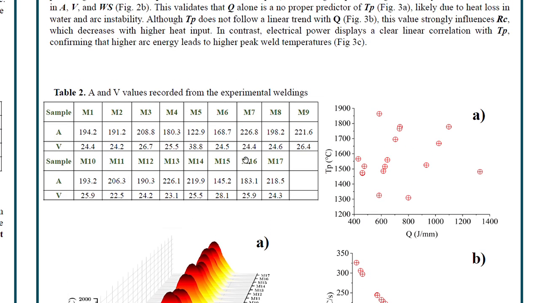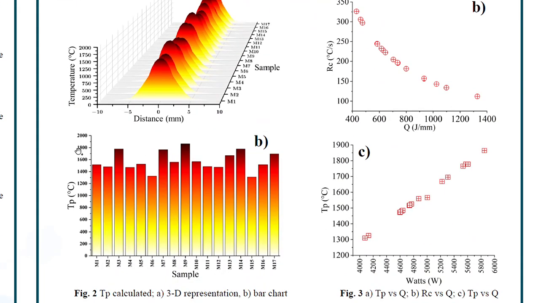So in table number 2, we show the amperage and voltage value recorded from the experimental welding. As the welding machine is designed to maintain the constant voltage, the major variable or the major peaks we are going to find is in the amperage section.